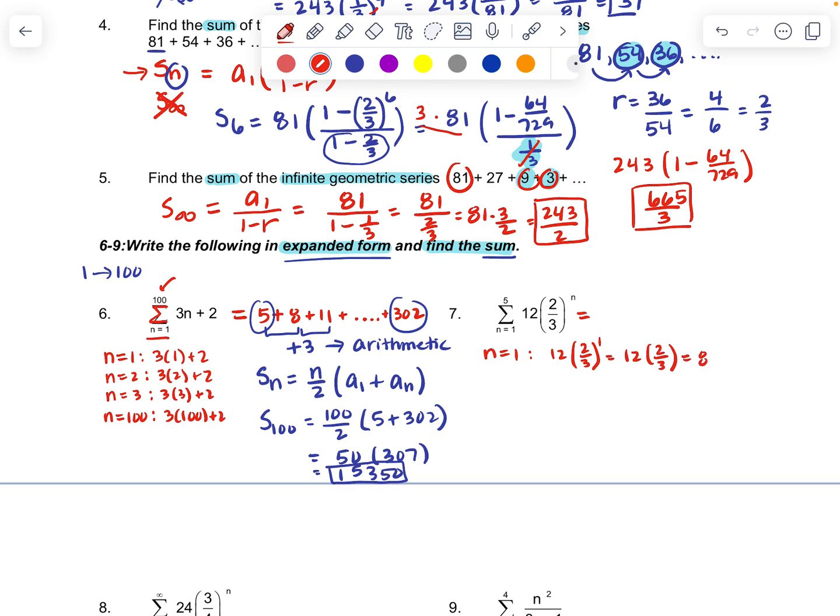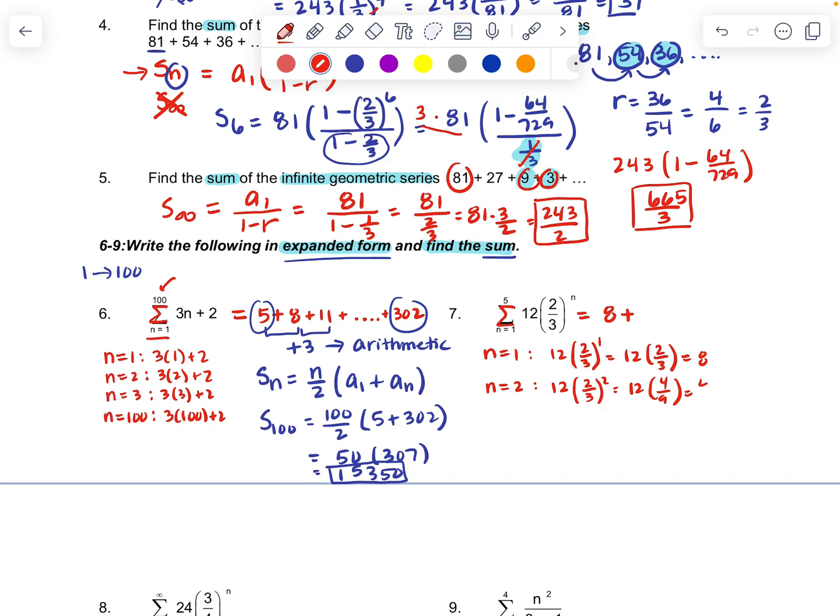So my first term here is going to be 8. And again, because this is a sigma, that means to add up. So I'm going to go plus. Now, let's find another one. How about when n equals 2? So when n equals 2, I'm going to have 12 times 2/3 to the second power. So this is really 12 times 4 over 9, okay? Not so pretty this time.